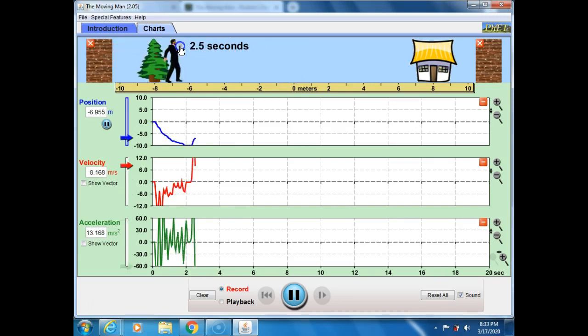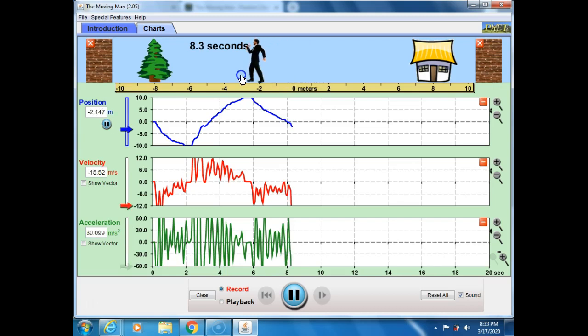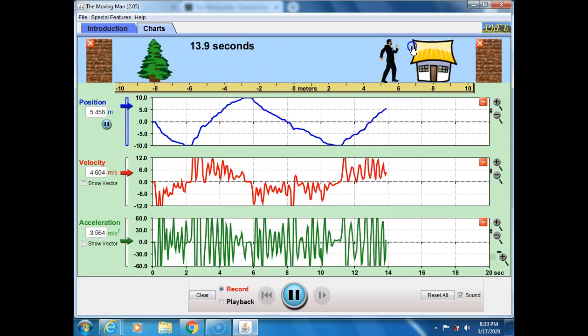When you reach the wall here, turn him around and go back this way. And then when he gets there, turn him around and go back this way. I guess he ran into the house. I don't know what the noise is. And he comes back here. Keep doing it until you get the full scale across the front.